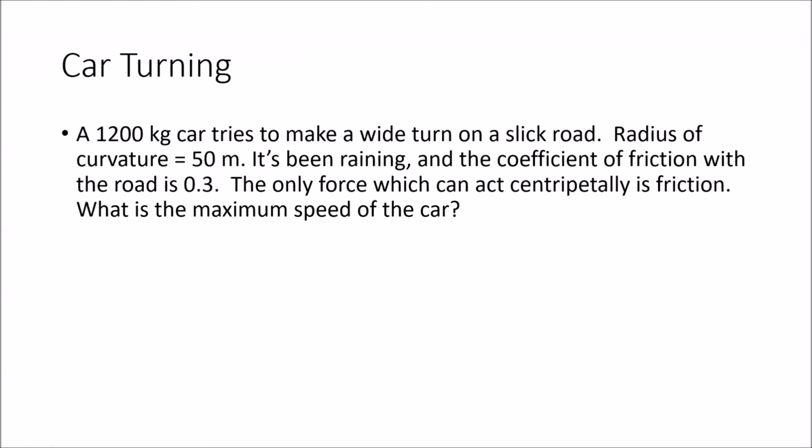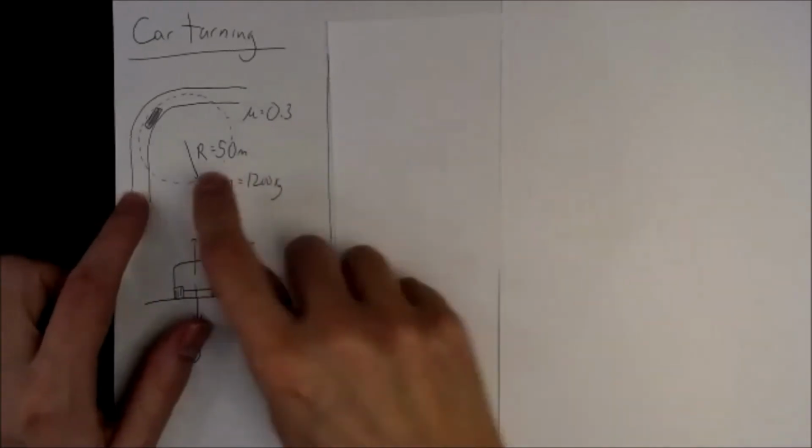It's now just 0.3. The only force which can act centripetally is friction. The only force that can keep you going towards the center is friction. What is the maximum speed of this car around this loop without it flying off and going off the road? Here's our setup.